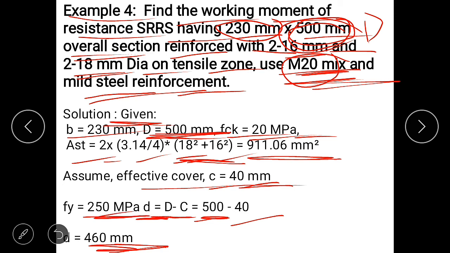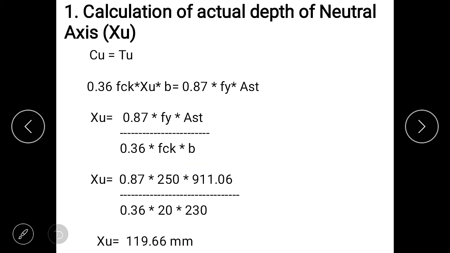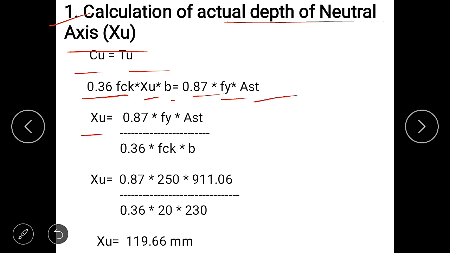First step, calculation of the actual depth of neutral axis XU. To calculate XU, the formula is Cu equals Tu, so 0.36 fck XU b is equal to 0.87 fy Ast. So XU is equal to 0.87 fy Ast divided by 0.36 fck b.